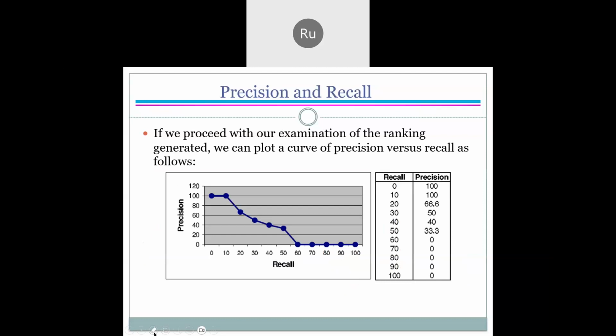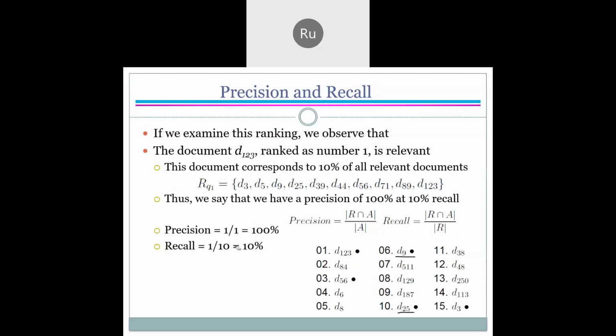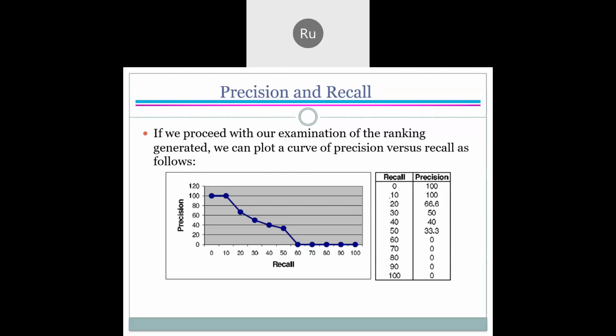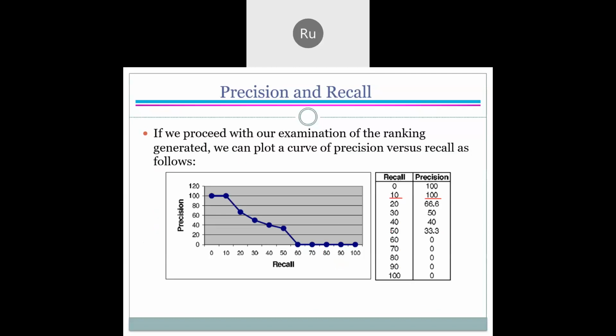So if you see the result that we have, first one is, the recall is 10, and then our precision is 100. Then we have the second one, the recall is 20, and then the precision is 66.6.